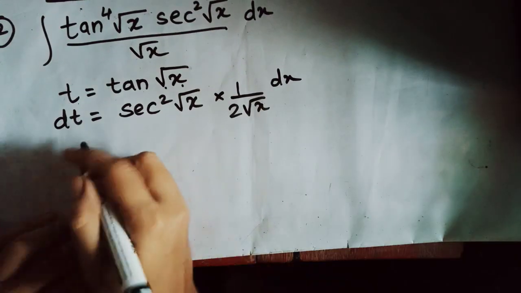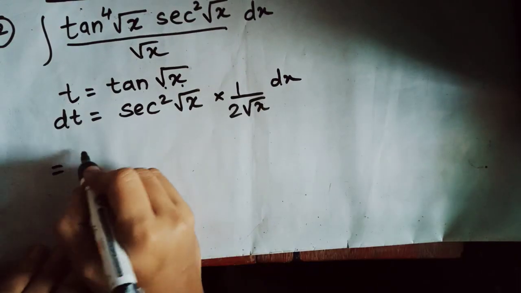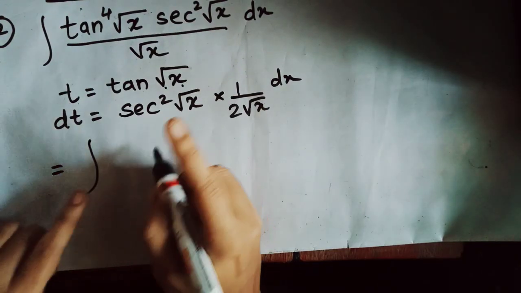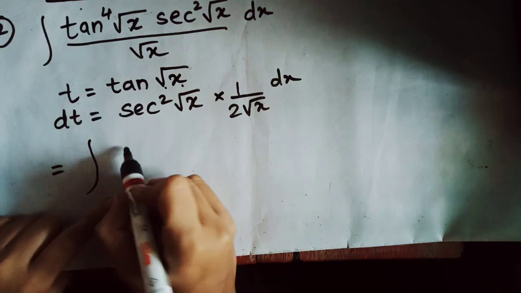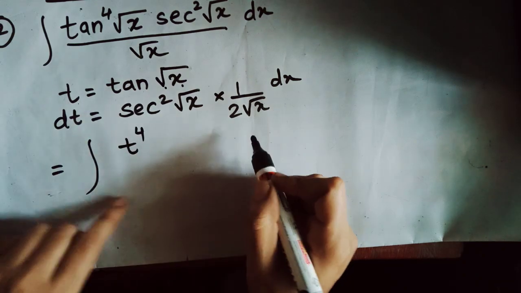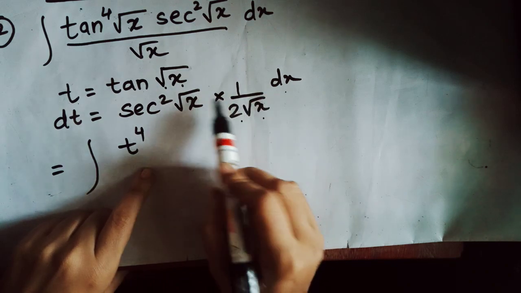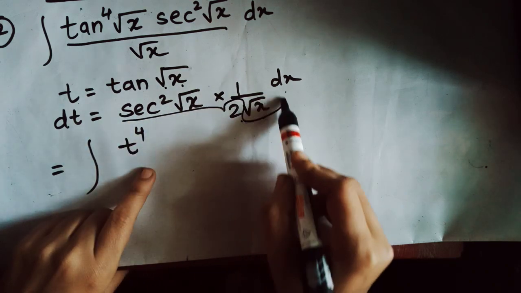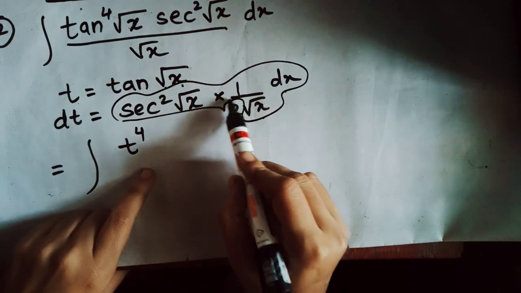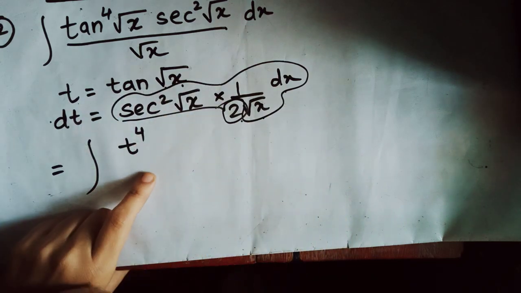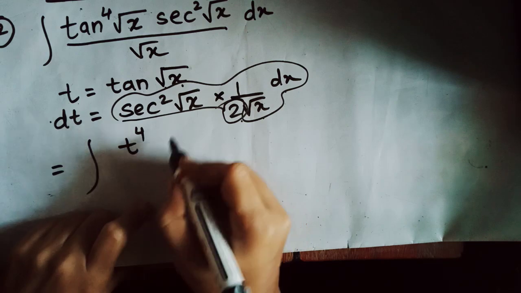Now you substitute, so our integration will be t raised to 4, sec square, 1 upon 2 root x dx. So this whole term is there, so you have to take 2 to that side, so it will be 2 dt.